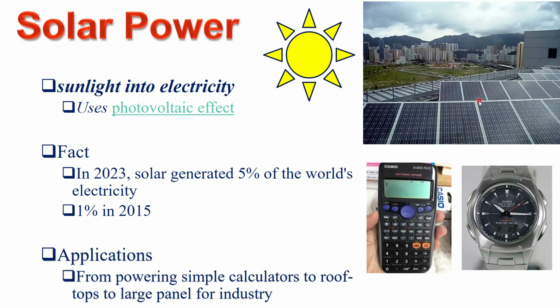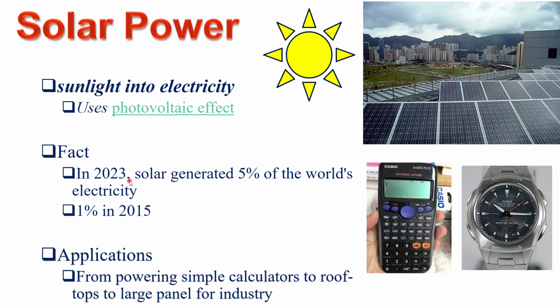And at a larger level, you can have the rooftop of your house entirely covered with such solar panels, or you can have a complete solar power plant to supply the energy needs of an industry by means of solar energy. There are a few facts we need to understand about where solar energy progress lies currently.